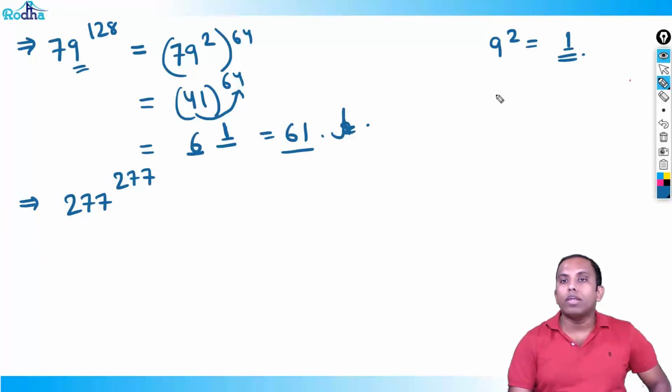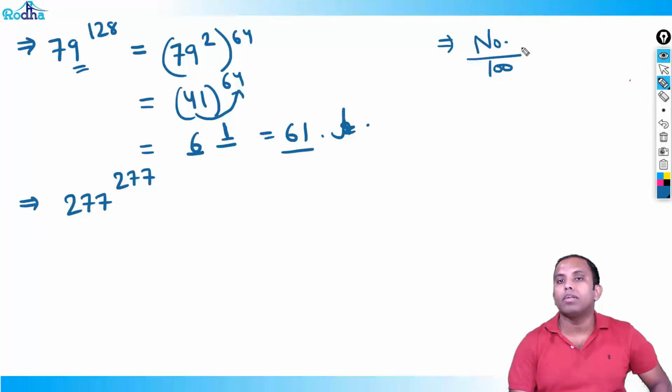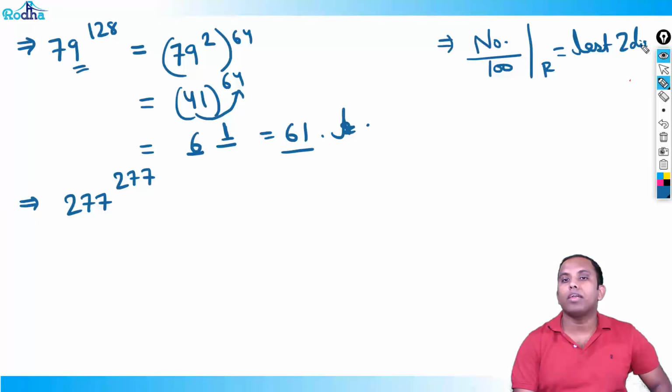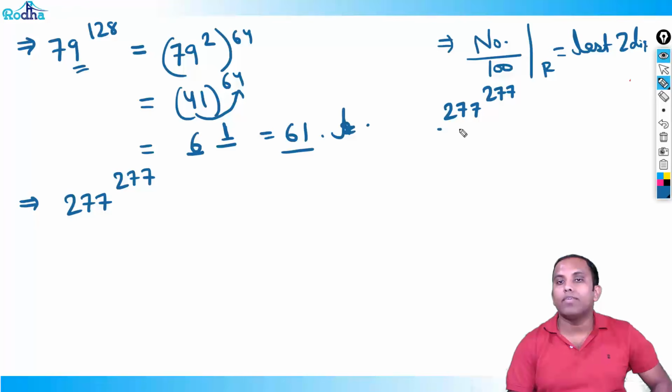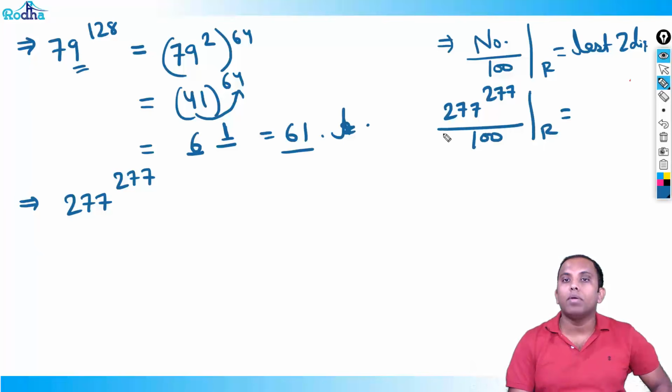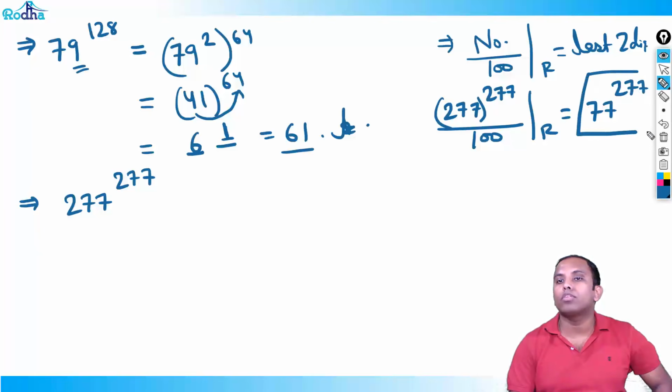I told you how to get the last two digits: divide the number by 100 and the remainder will give me the last two digits. So 277 by 100, what is the remainder? 77. So we should only focus on this.